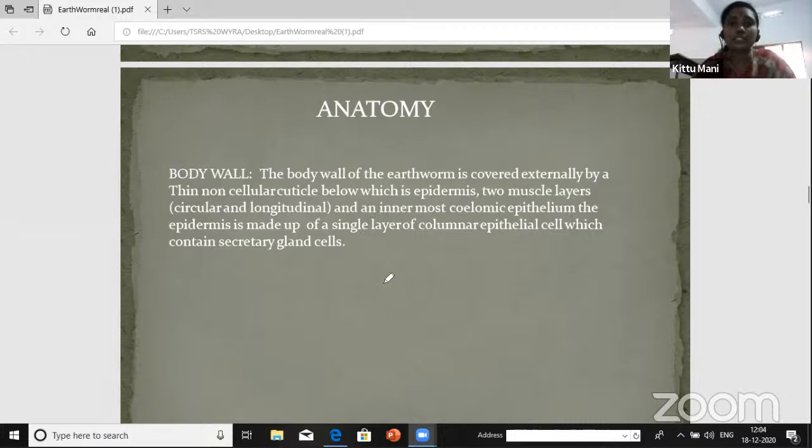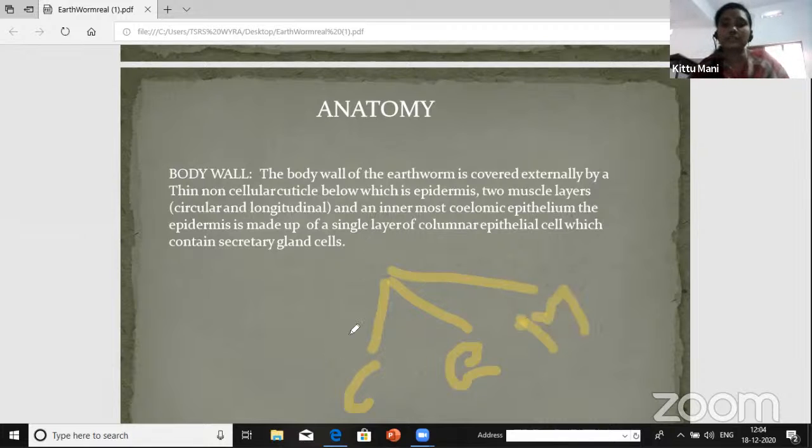What are they? The cuticular layer, the epidermis, and lastly the muscular layers. The cuticular layer has collagen fibers, which are used for locomotion. The epidermis is a single layer of cells. The muscular layer has two muscle layers: circular muscles and longitudinal muscles.